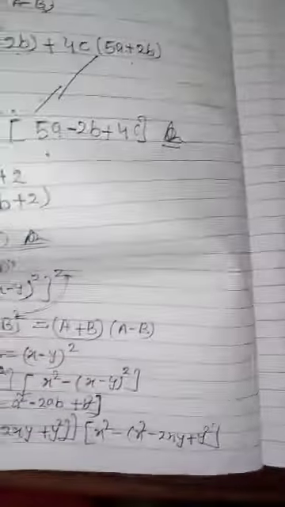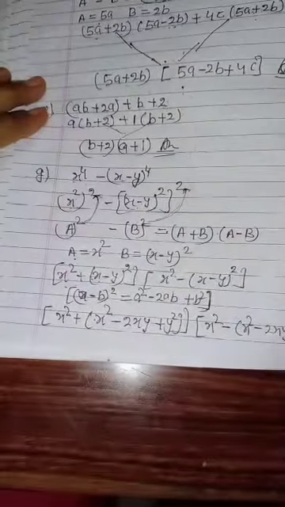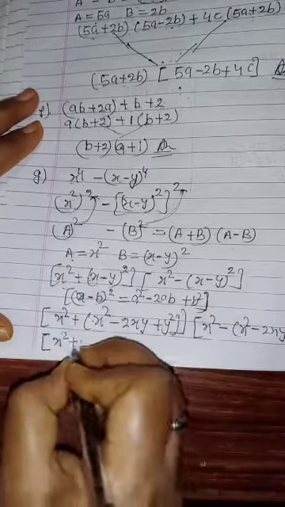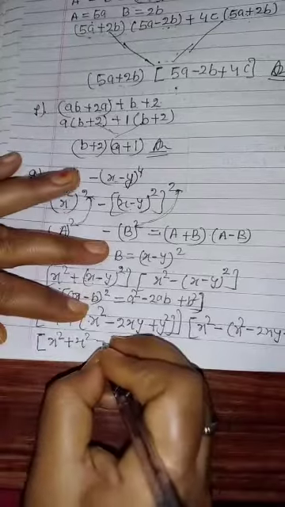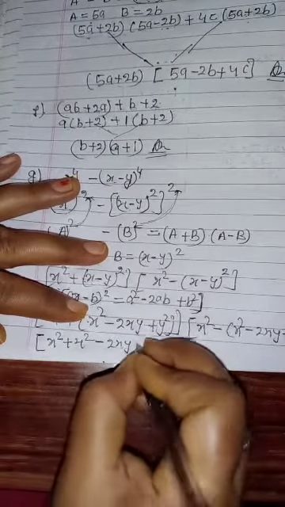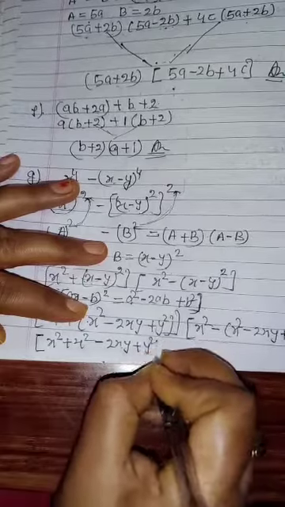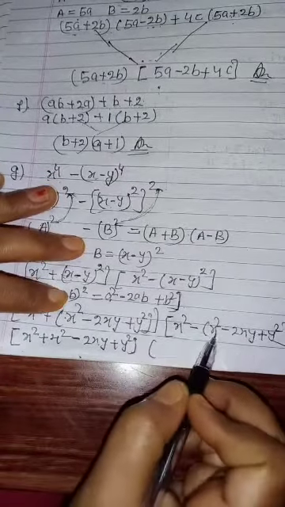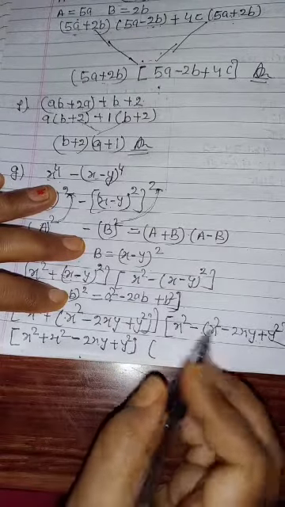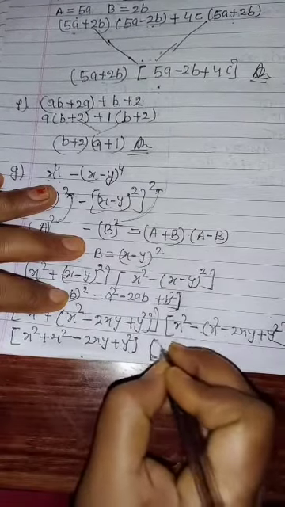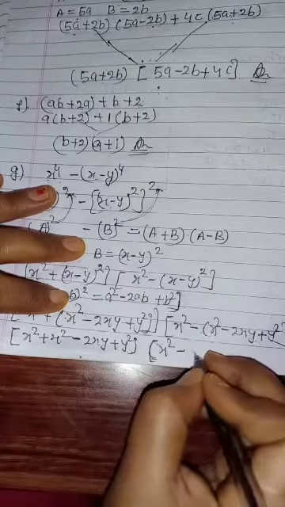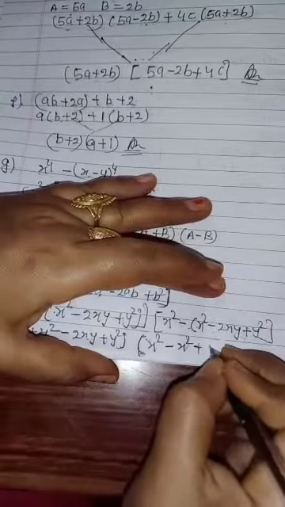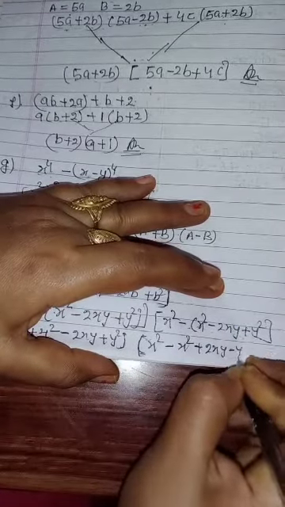Okay beta, now see what it will become. x square plus x square minus 2xy and plus y square it will be. And here, by this minus sign, we will multiply inside the bracket. Outside the bracket is a minus sign, so it will become x square minus x square, inside the bracket the signs will be changed, plus 2xy and minus y square.